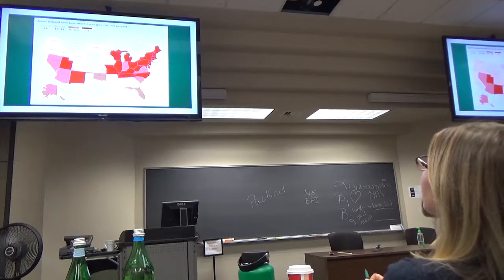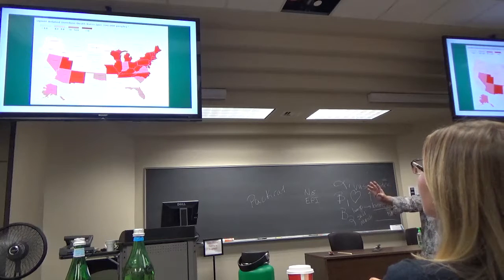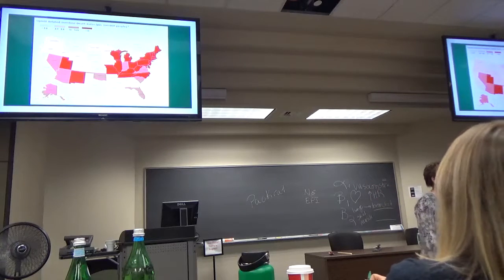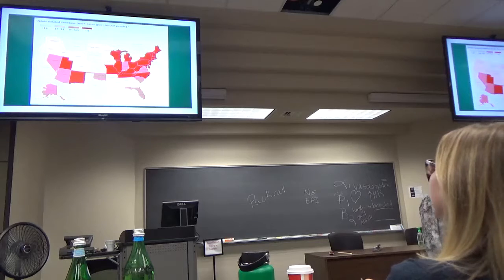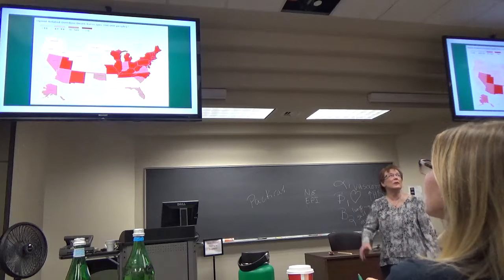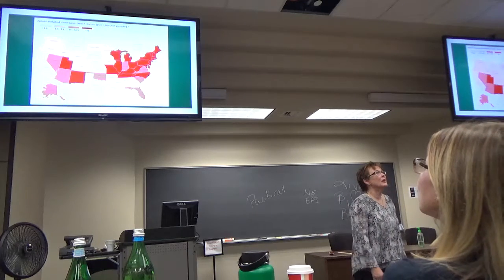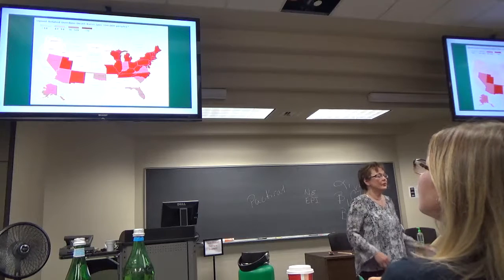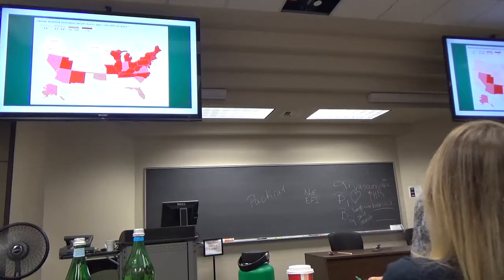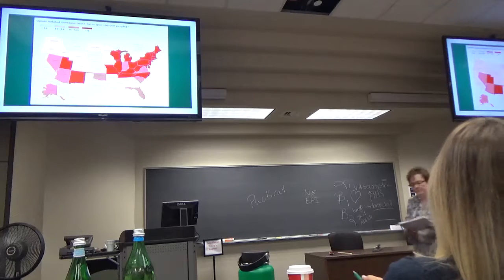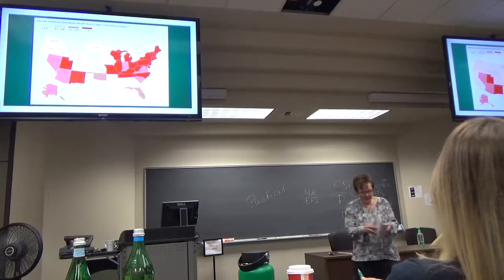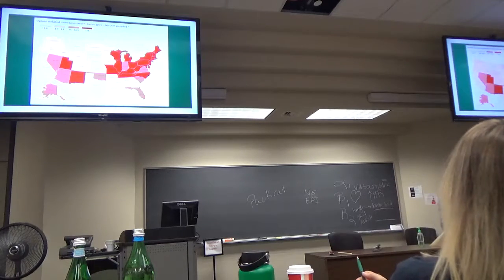So you can see it's very much an East Coast problem. If you watch the news at all, they talk about New Hampshire a lot, and the deaths there are very high. We're in the second tier of 10 to 14 overdose deaths per 100,000. Let me give you some other data.